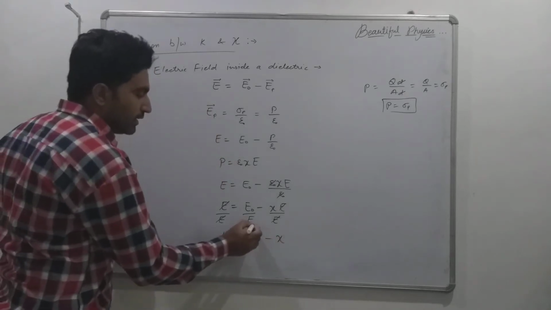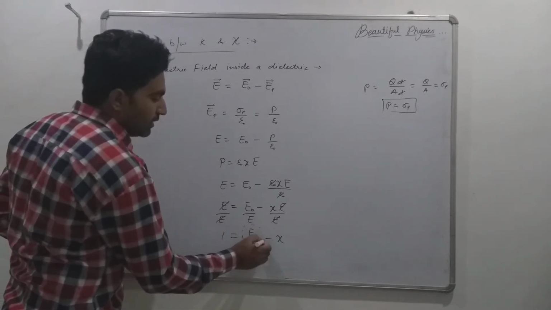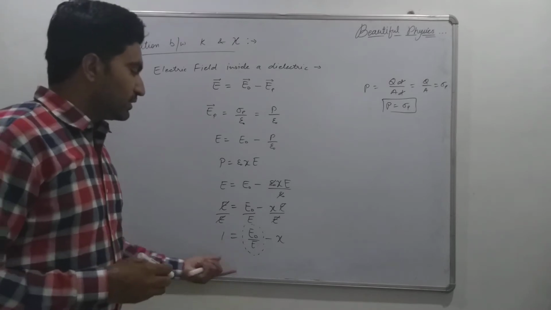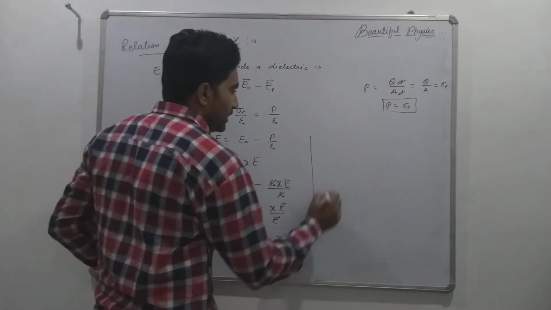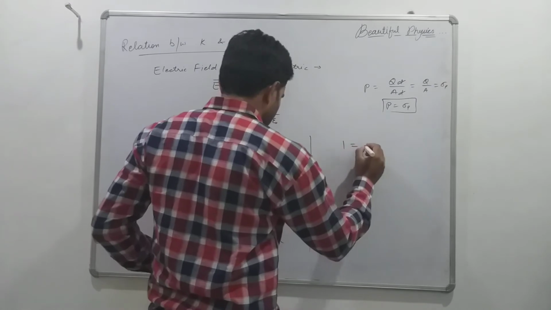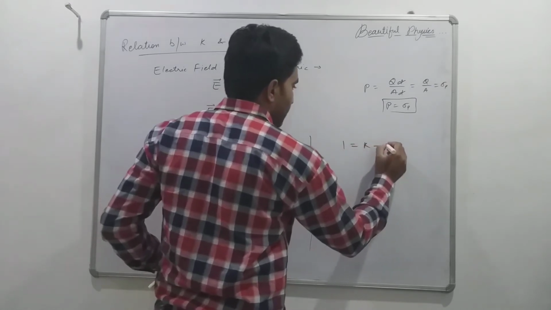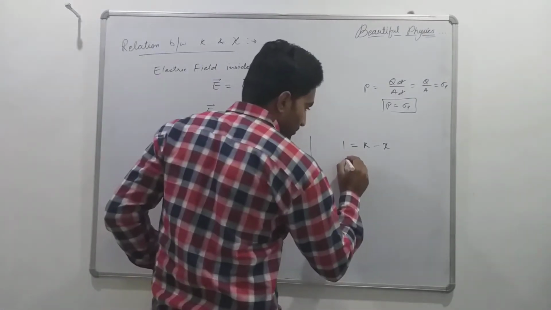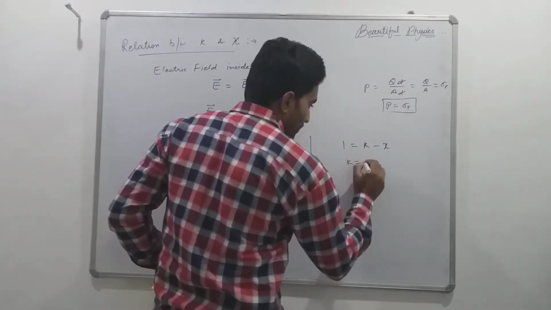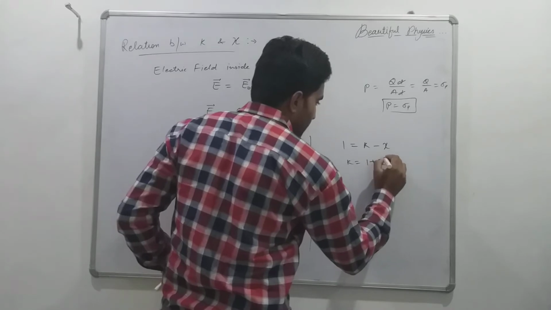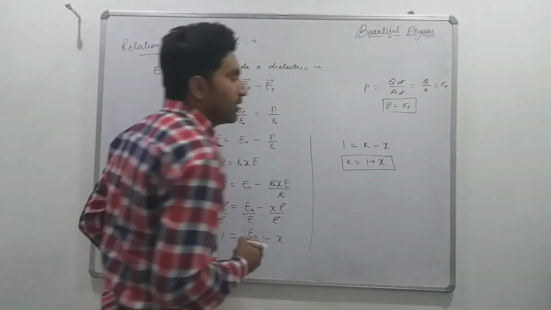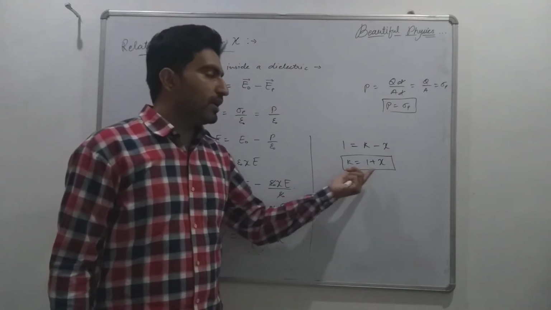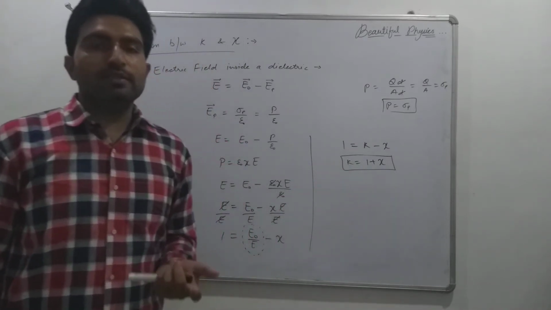We know that the ratio of the electric field in free space to the electric field in the medium is the dielectric constant. So we can write 1 is equal to kappa minus chi, or kappa is equal to 1 plus chi. This is the relation between the dielectric constant kappa and electrical susceptibility.